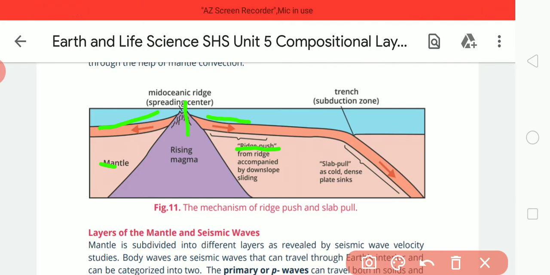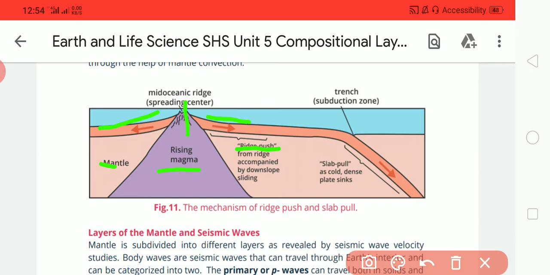So the mantle, since it has mantle convection, when these two plates diverge, naay mopuli nga rising magma. And the reason for this rising magma is the ridge push, since it is a force that pushes these warm materials to go upward.